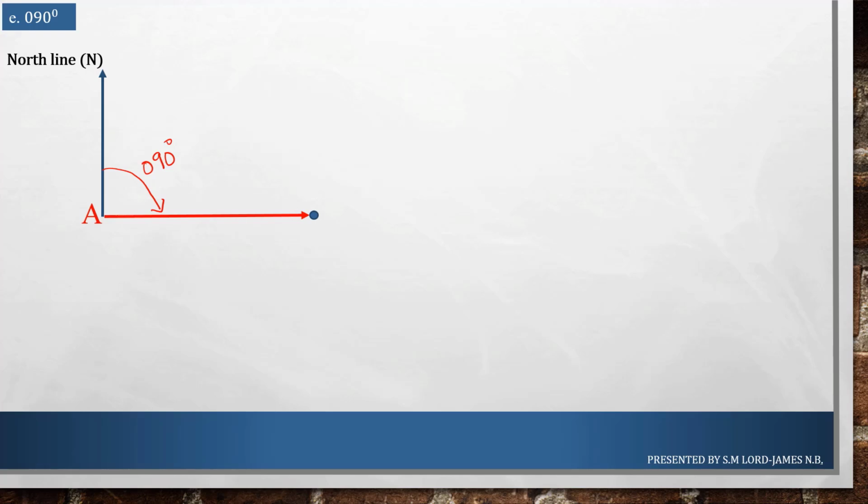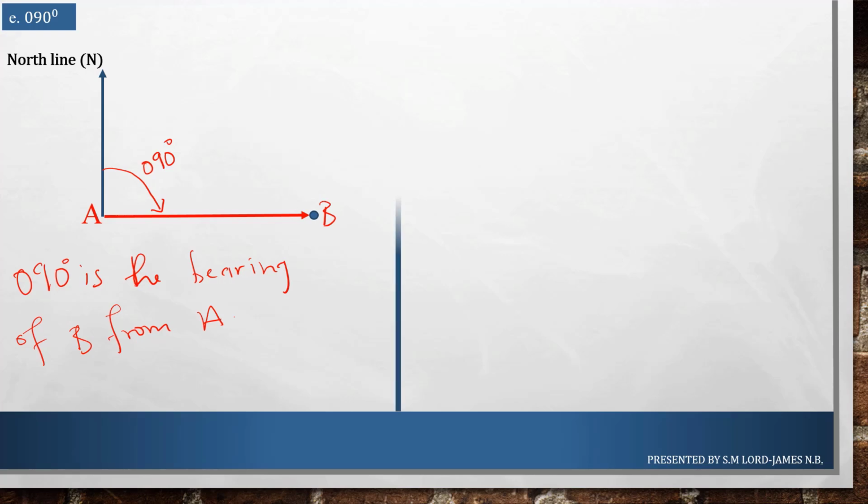So 090 degrees represents, if we call this point P, that is the bearing, or we can say 090 degrees is the bearing of B from A. That's it. Now let's do one which is above 90. So let's do the next case.